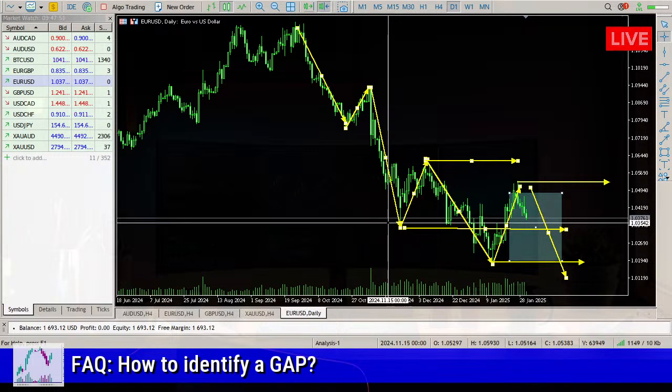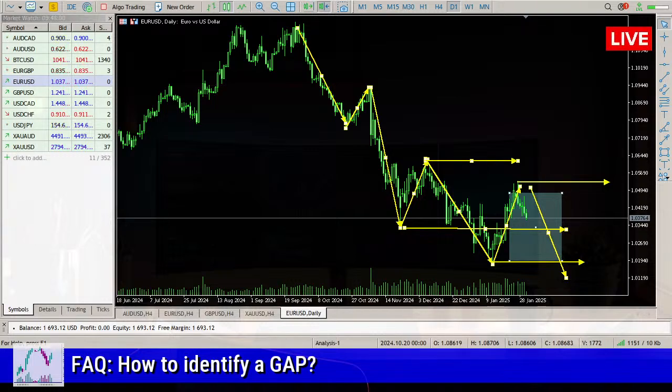For beginners, you have to do backtesting and find out the statistics. For example, I already did a lot of backtesting, so I can see here that the market range for the daily chart is around this size. We cannot reach a conclusion on the exact number for the market range.